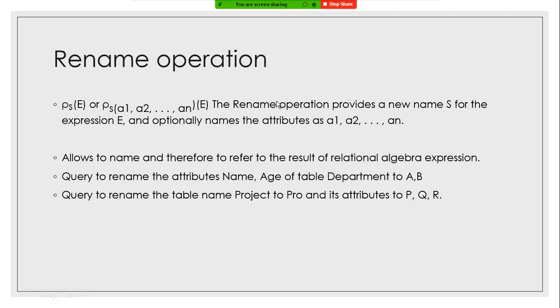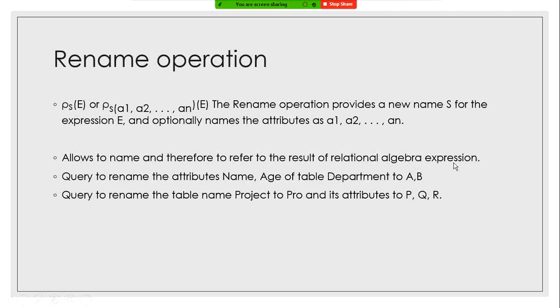It will rename this operation in the resulting table as S. Or if we have written the attribute names in brackets, it will also change the attribute names as A1, A2, AN. It actually allows us to name and therefore to refer to the result of a relational algebra expression.